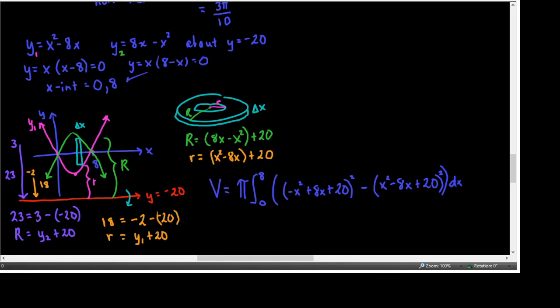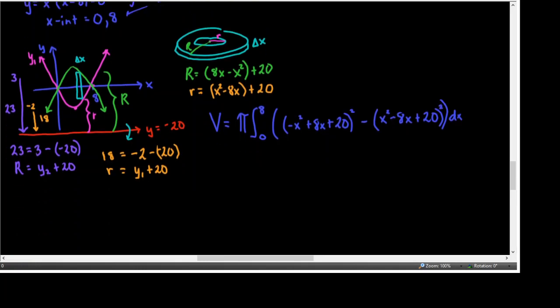Now, I would like for you to realize that this type of question, because of the complicated nature of what we just did, is probably one where I would say set up an integral to find the volume and then use your calculator to approximate it. Even though that's not what this example asks you to do.